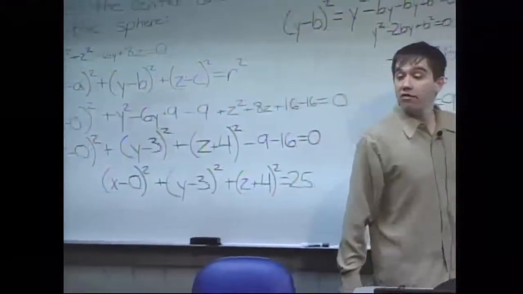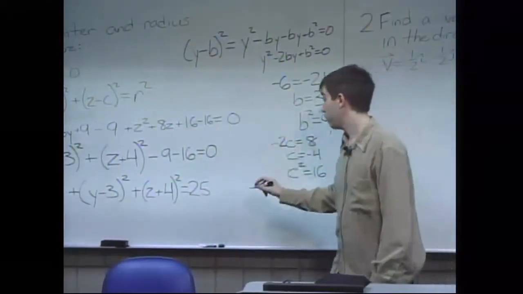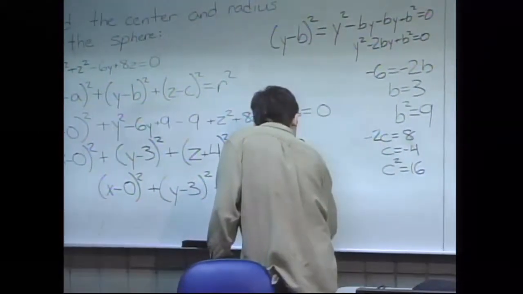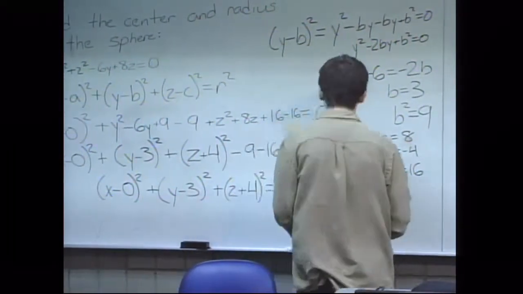So 25 is equal to r squared, and the square root of 25 is 5.